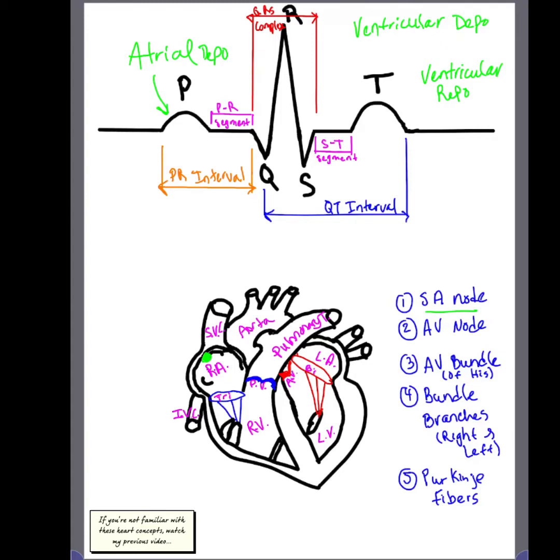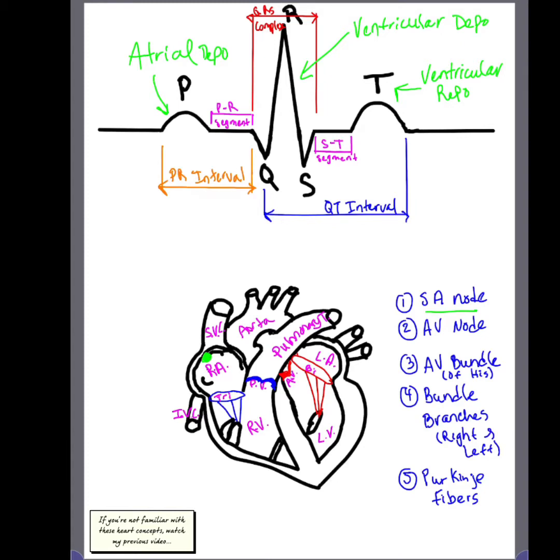Then we're going to go into the QRS complex. If you notice, the QRS complex is the ventricular depolarization and of course the atrial repolarization. And the last part of the ECG is the T wave, where we have ventricular repolarization.